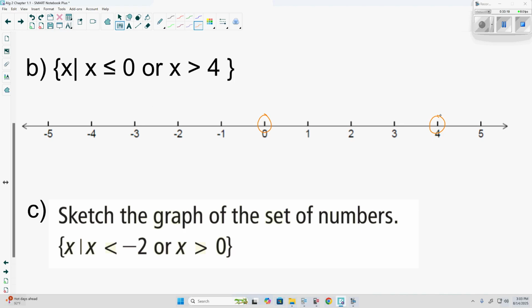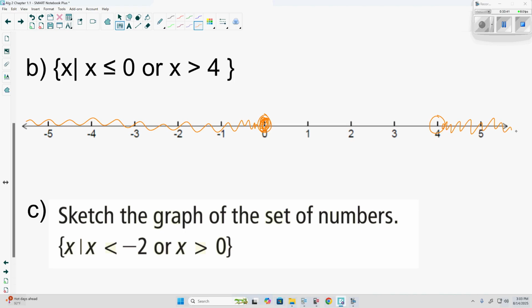One. Which one? The 0. Okay, we finished with figuring out which one's open, which one's closed. Now we need to shade. Since x is less than or equal to 0, we would shade to the left. And since x is greater than 4, we would shade to the right.